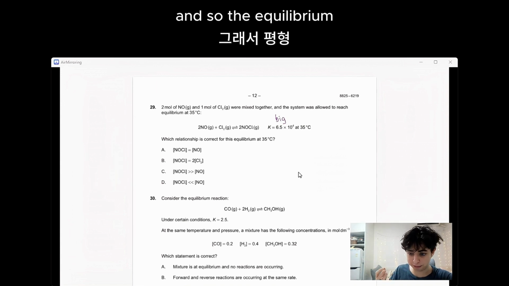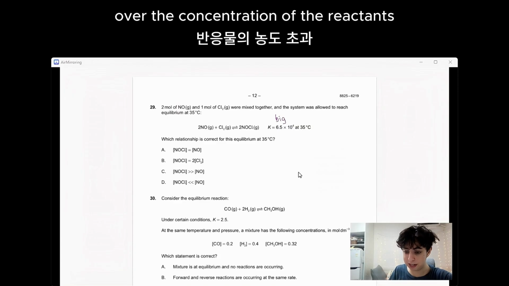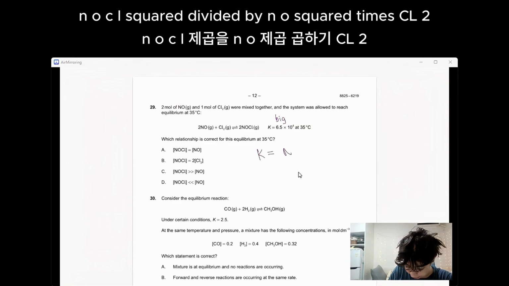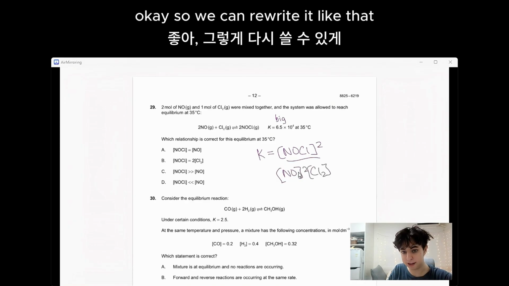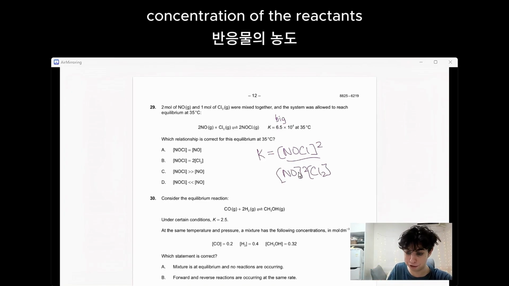The equilibrium constant is based on the concentration of the products over the concentration of the reactants. In general, we can rewrite our equilibrium constant K as NOCl squared divided by NO squared times Cl2. So it's the concentration of the products over the concentration of the reactants.